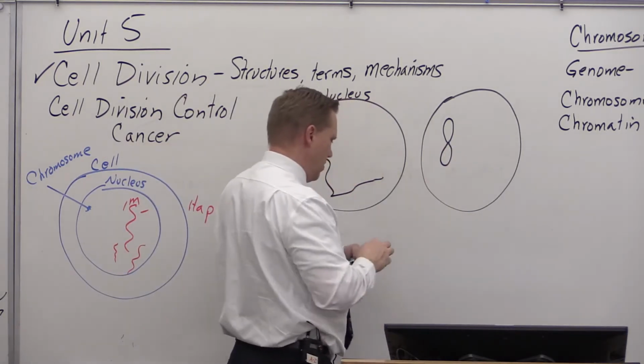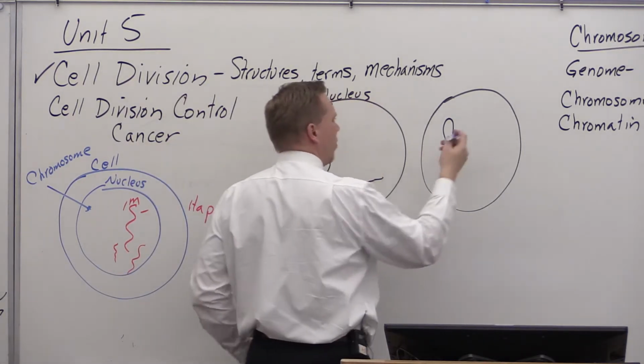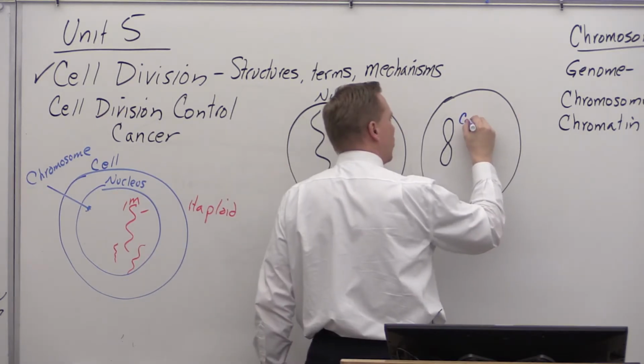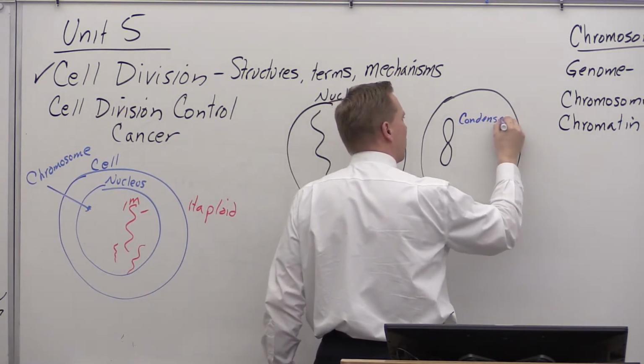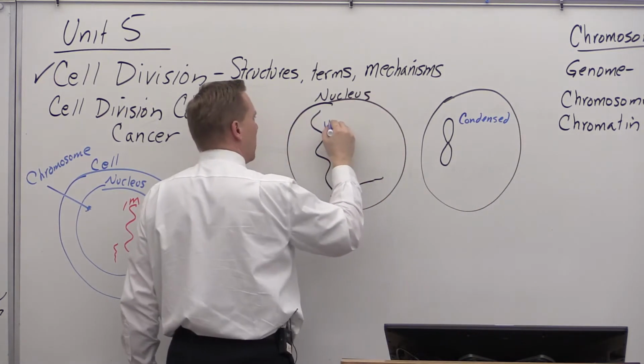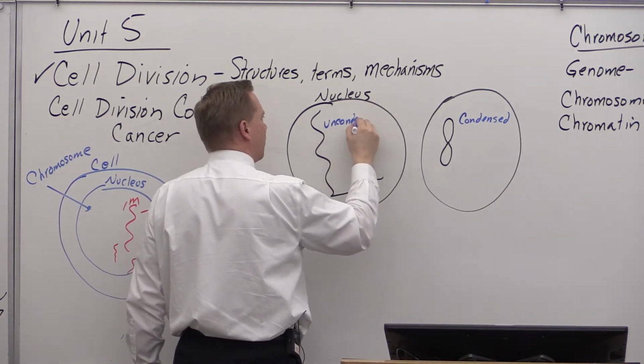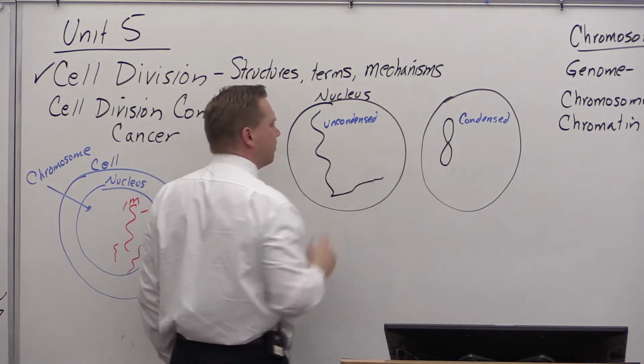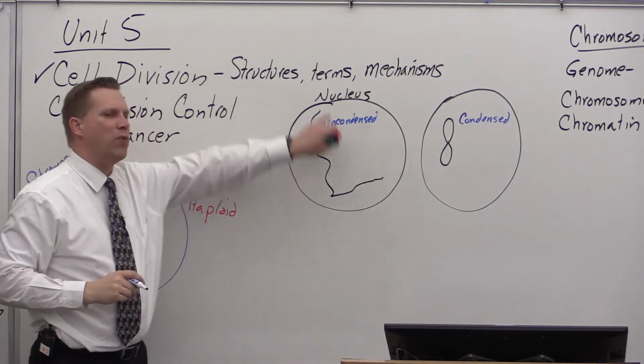So both of these are chromosomes, but this would be a condensed chromosome. And this one would be an uncondensed chromosome. Okay, so this one will be all spread out.